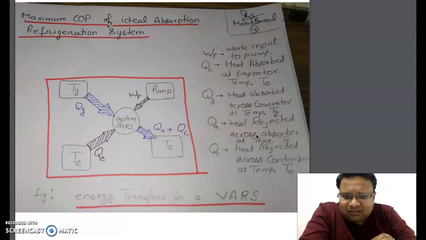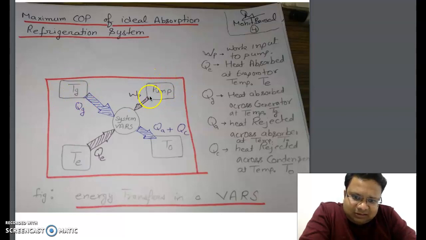Whereas in the VARS system, vapor absorption systems, we have three temperatures. So this is the VCRS system, and we have made this diagram. In this VARS system, we are getting heat in the generator, that is QG, which is at a temperature TG, the generator temperature.